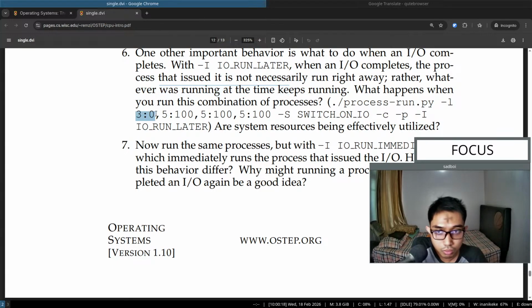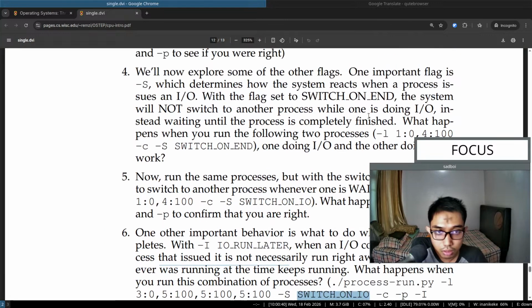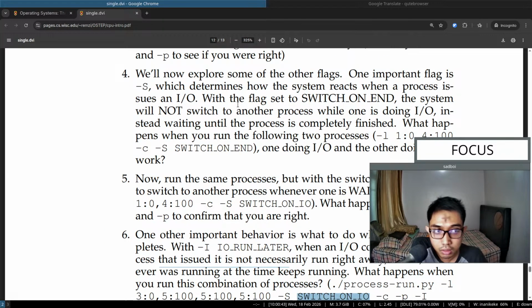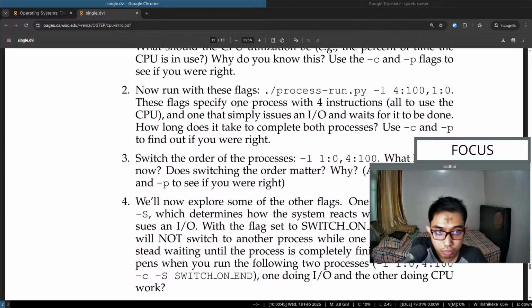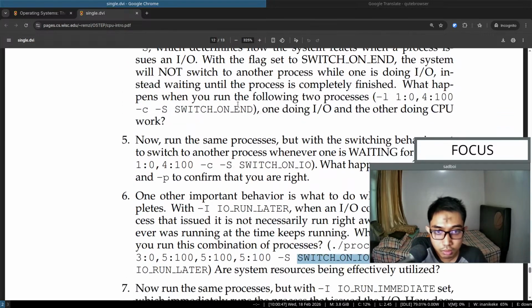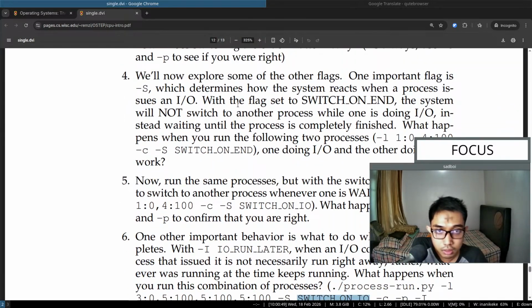Oh, we have 3 input-output and then 5 CPU. Oh, not really 5. What is it? 15 CPU processes. Switch on I/O, right? So we are switching back to the input-output when it is finished.